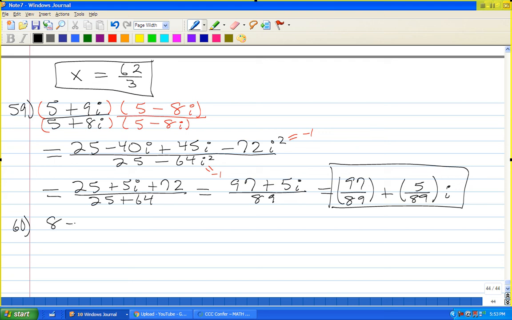8 minus 5i over 8 plus 2i. So let me multiply and divide by the conjugate of the denominator, 8 minus 2i. And so let's multiply this out.